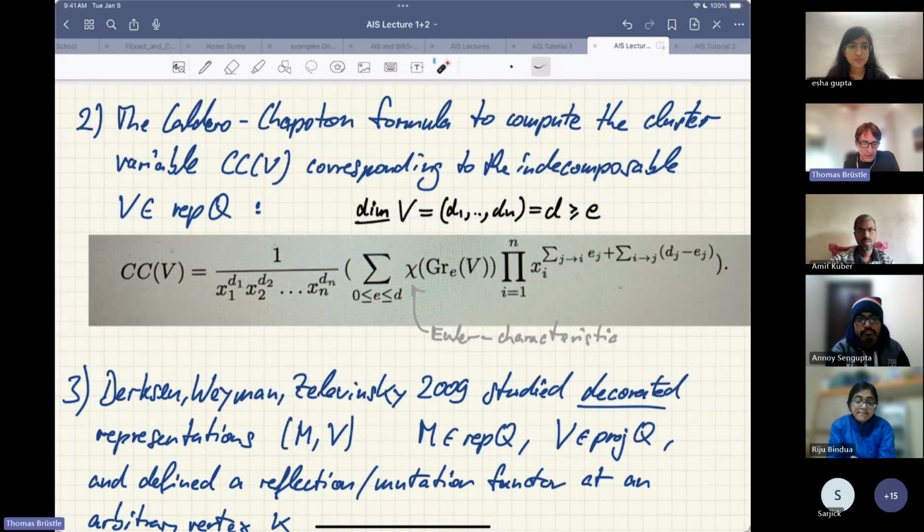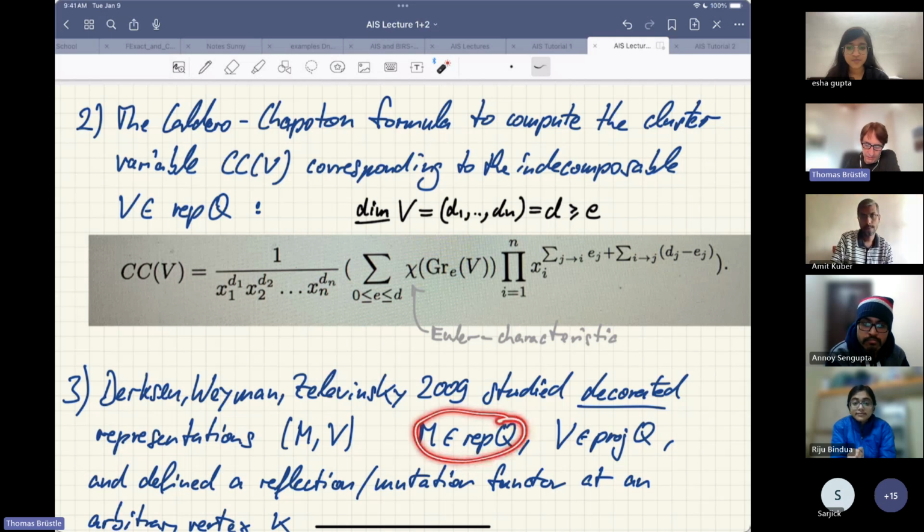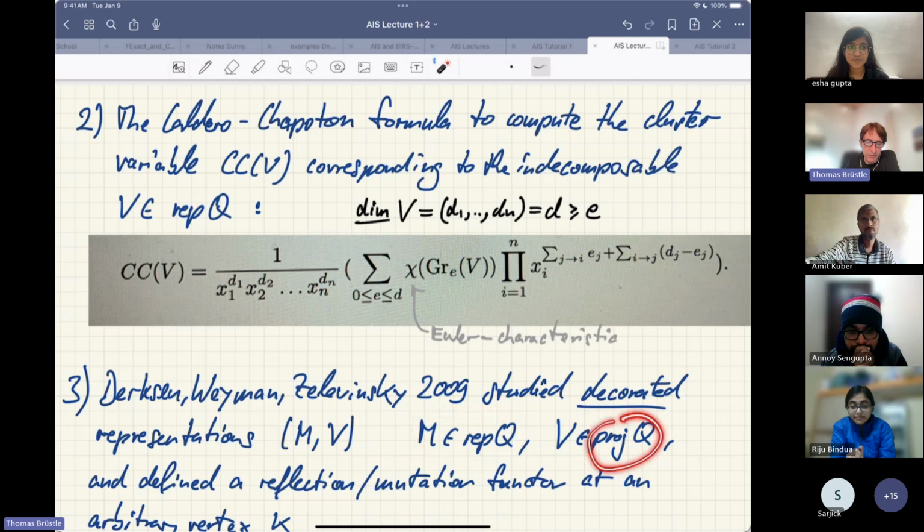This is an old version. This is a result by Derksen, Weyman, and Zelevinsky, 2009. That was a result that was a precursor to tau-tilting theory. I did not talk about tau-tilting theory. But what we see in our cluster category is that we always have a representation and then some projective objects.